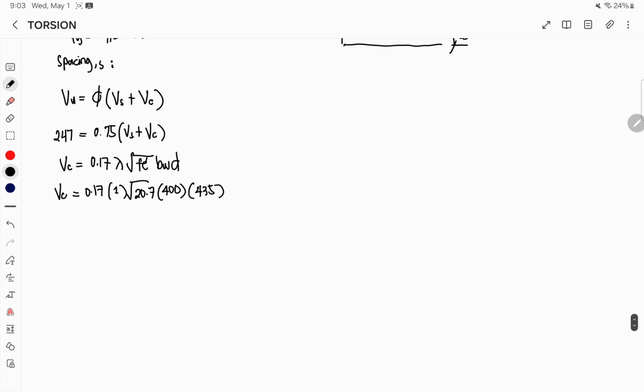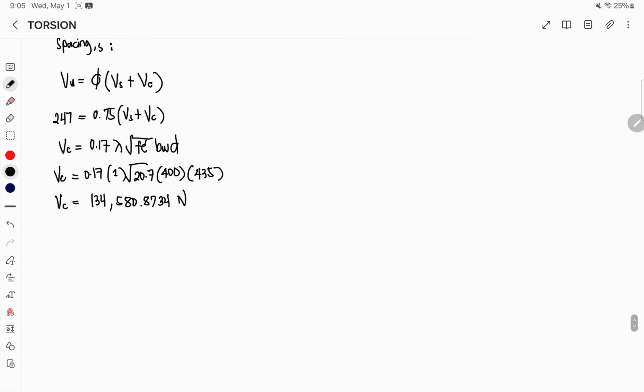Vc is equal to 134,580.8734 Newton. You can just store it in your calculator.